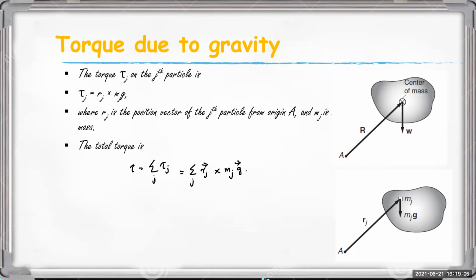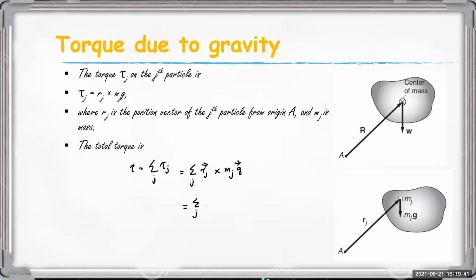As mj is a scalar quantity, we can take it outside of the cross product.